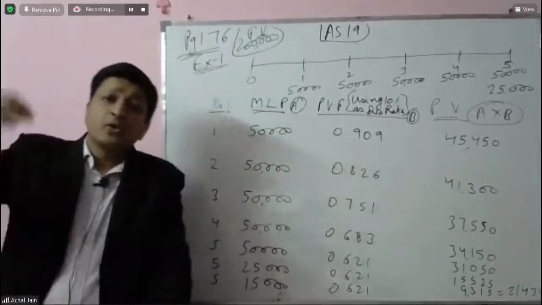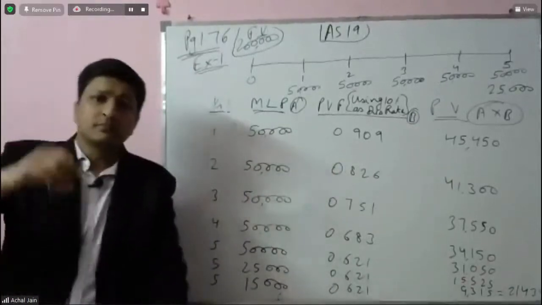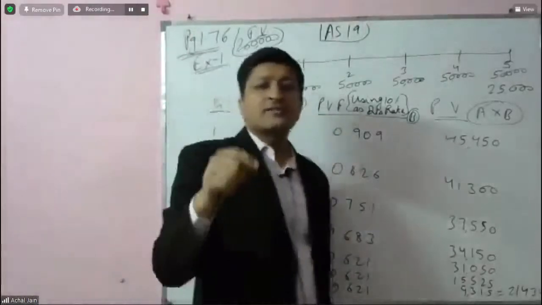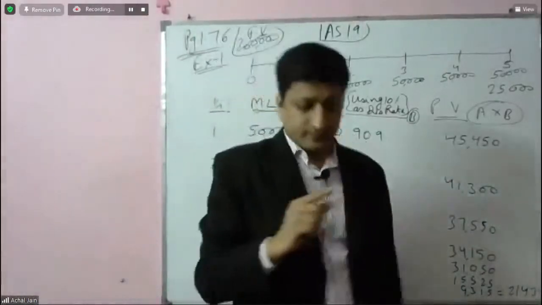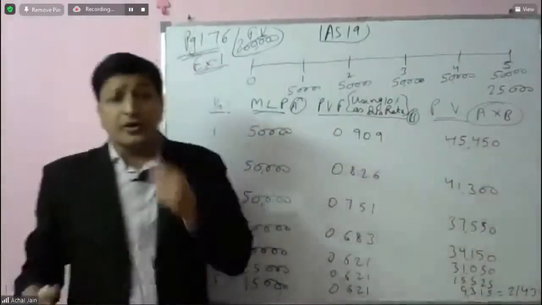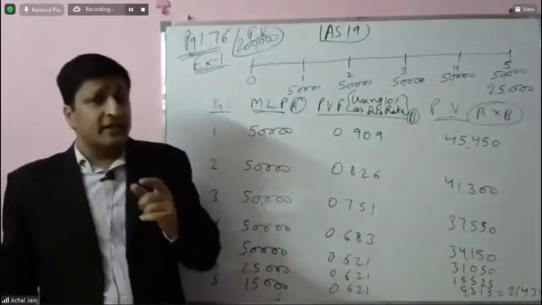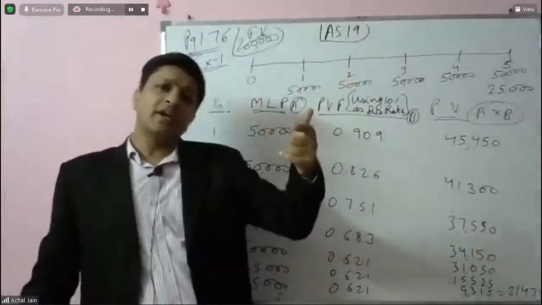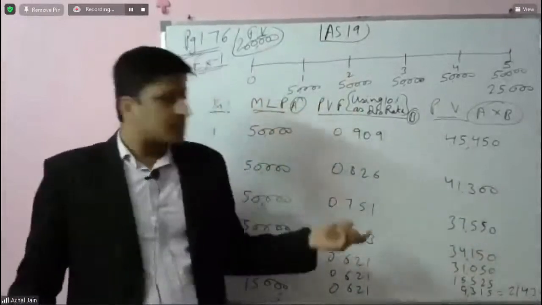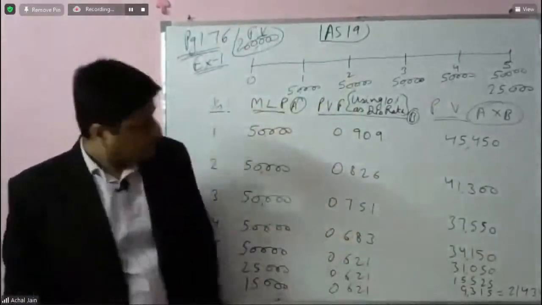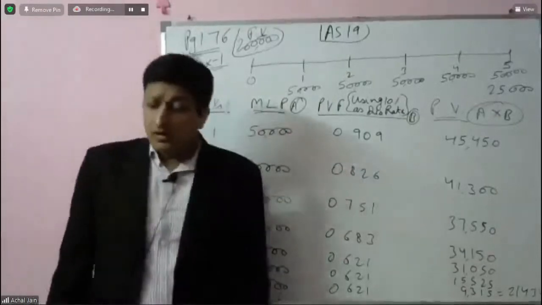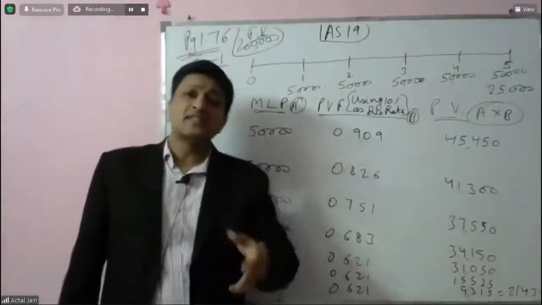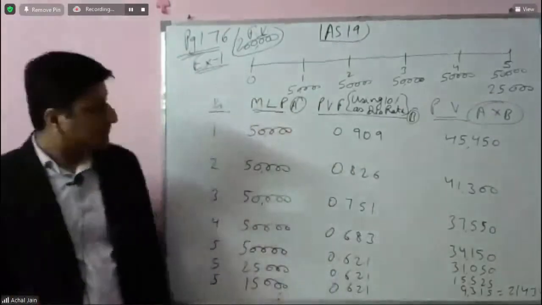So now I want to bring this value down. For reducing the present value, what do we need to do? Increase the discount rate. Because if we increase the discount rate, value will go down. It's mathematical only. So now, once again, I will guess an interest rate.